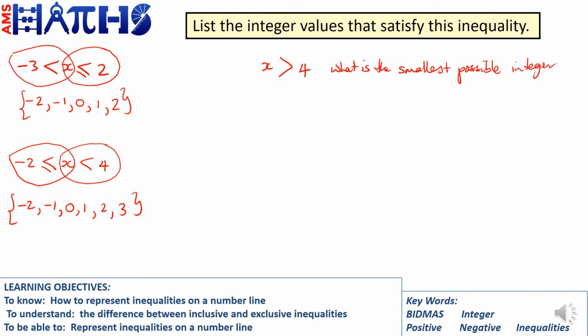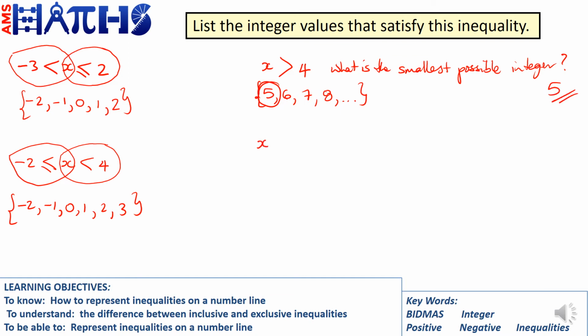If x is going to be greater than 4, it means that our first integer that we can have is 5, and then 6, then 7, then 8, and we could continue, but it asks us for the smallest possible value. So the smallest possible value where x is bigger than 4 is 5. So the answer to the question is 5.